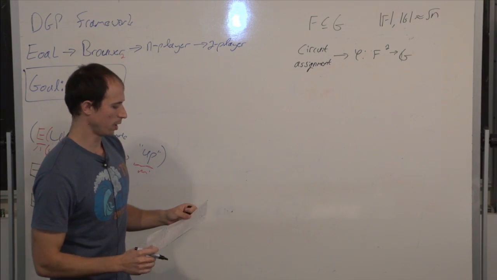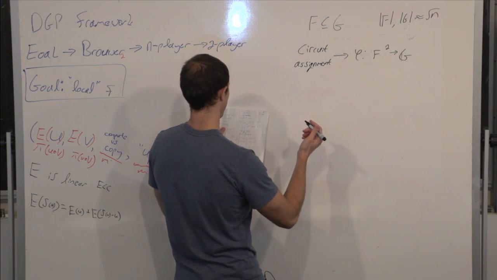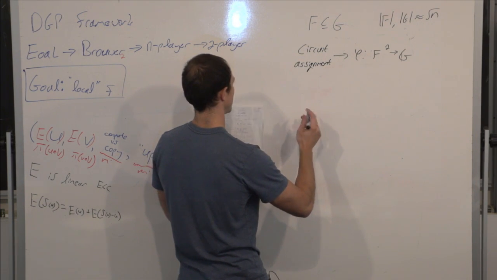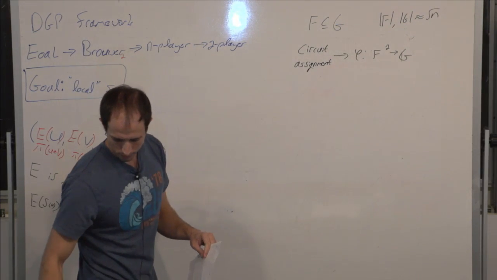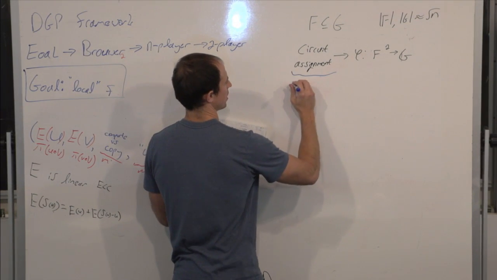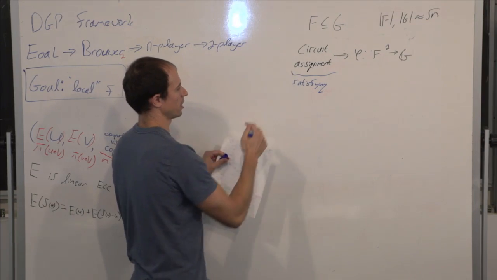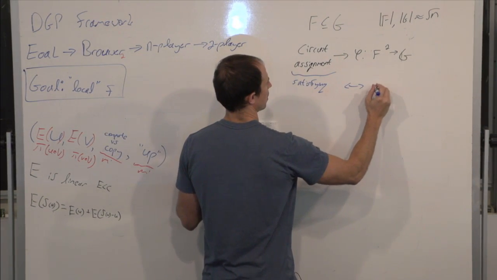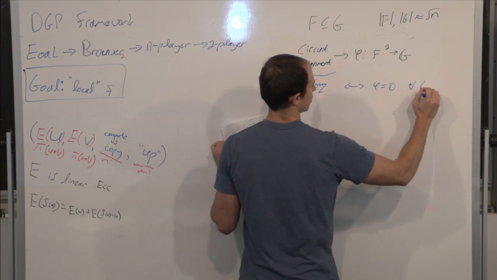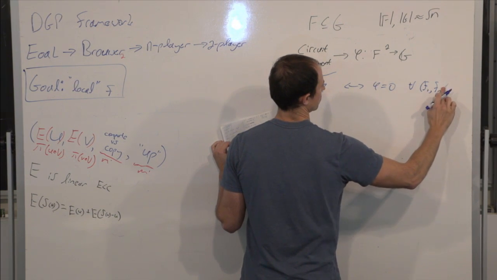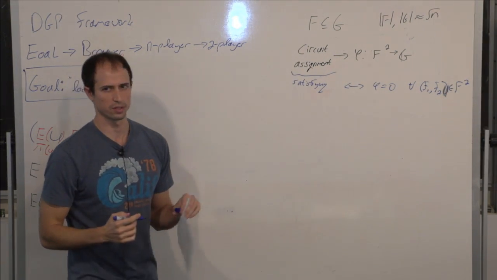And now I need the error correcting code. Sorry, and this circuit and assignment: the assignment satisfies the circuit if and only if phi equals 0 over F squared. If phi is equal to 0 everywhere, then this is a satisfying assignment.